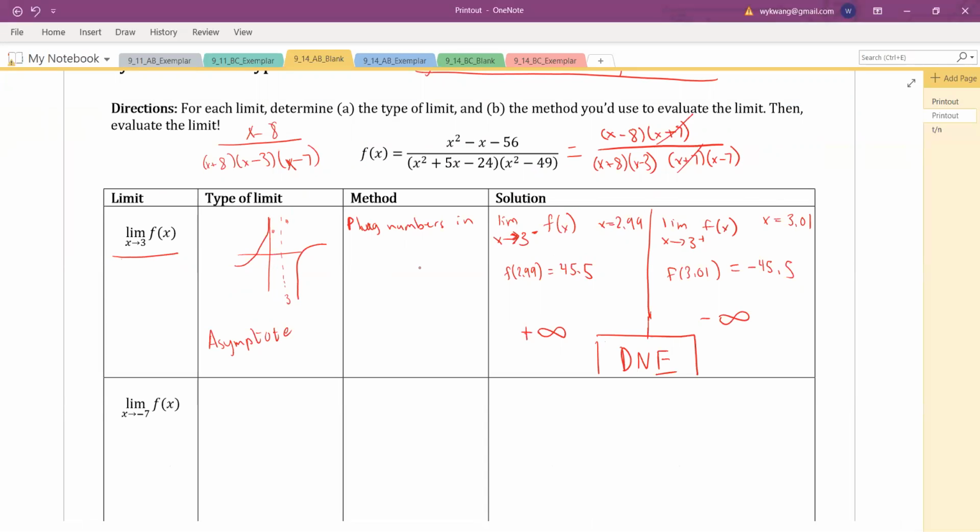Okay, so this next problem, I'm going to give everyone 1 minute to try to solve. Limit of f of x as x approaches -7. Begin now. And once you have your answer, just please type it in the chat. Or actually, for now, just figure out what type of limit it would be and type that answer in the chat.